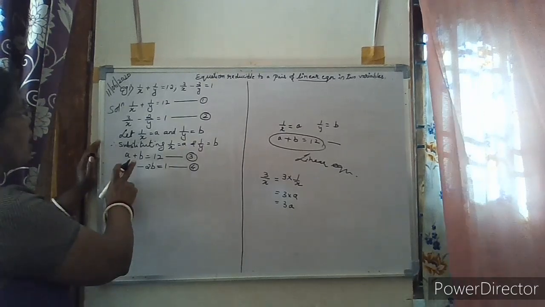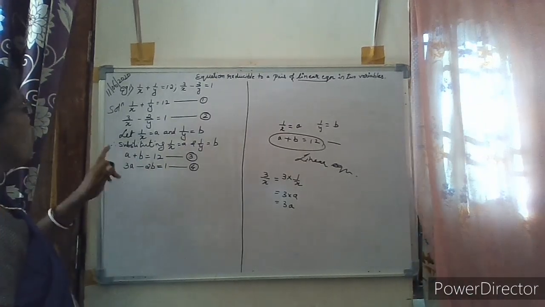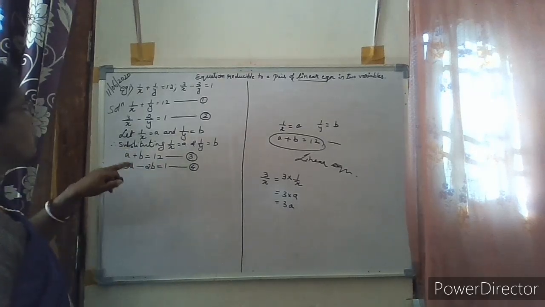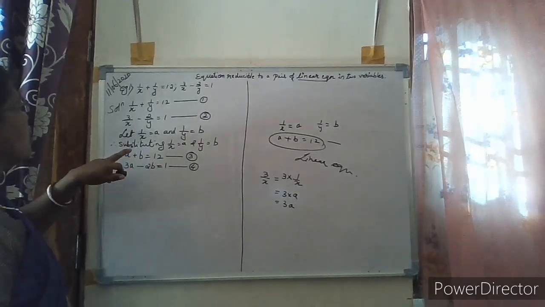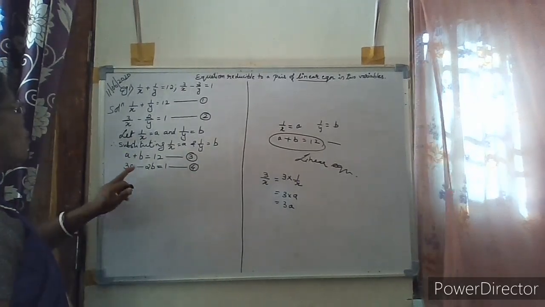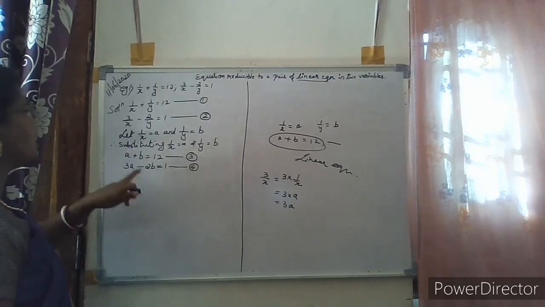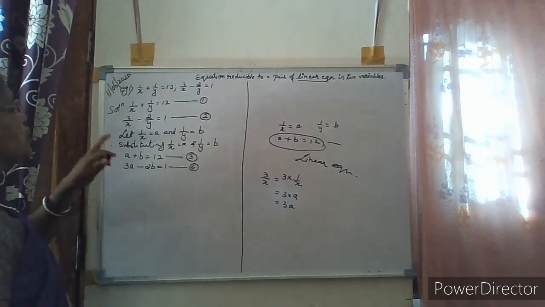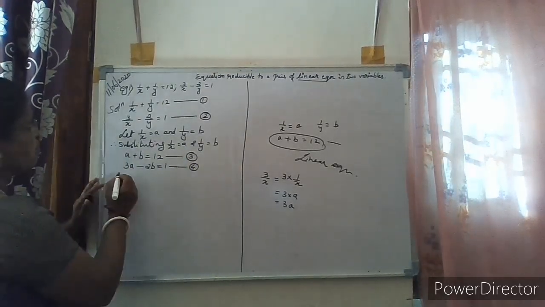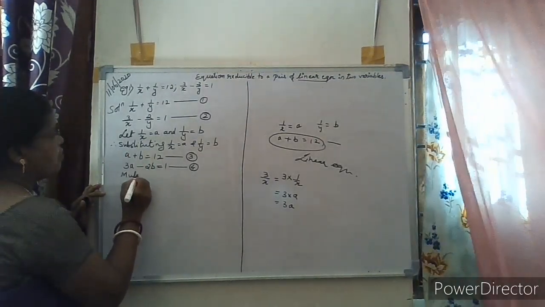You can see that this is plus b and this is minus 2b. So the coefficient is not the same: in equation 3 it is 1 and in equation 4 it is minus 2. Therefore we will bring it to the same coefficient by multiplying equation 3 by 2.